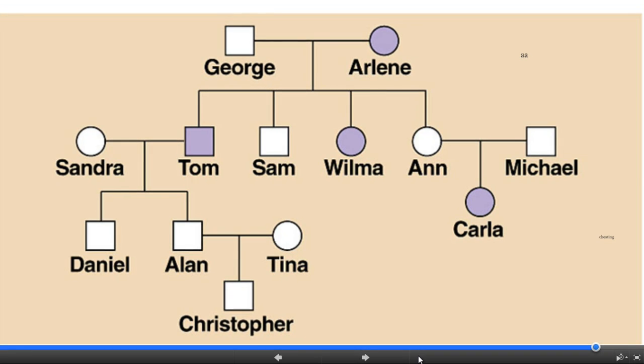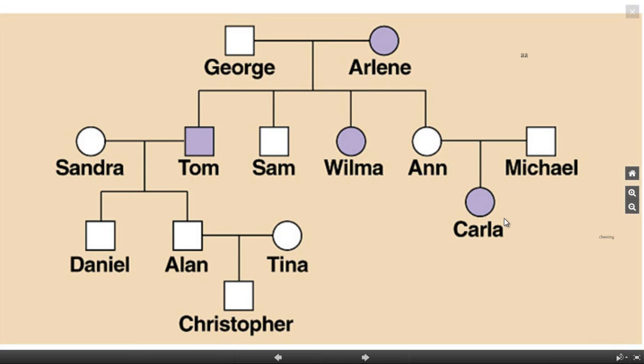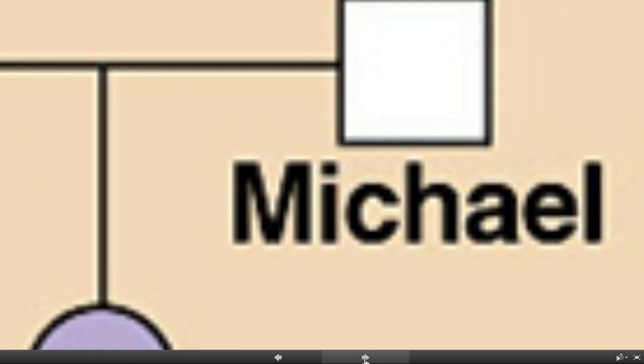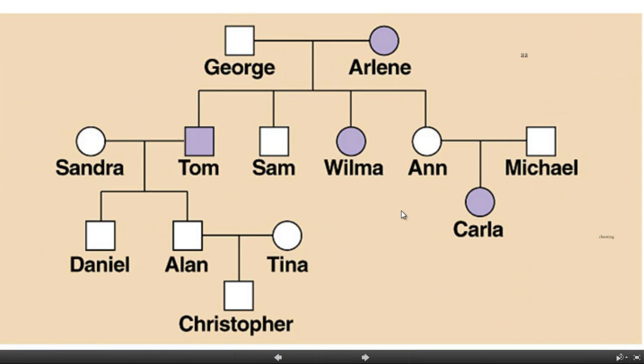A really interesting individual to look at on this family tree would be Carla. If we look at Carla, we have to look at what both Anne and Michael's genotypes are.